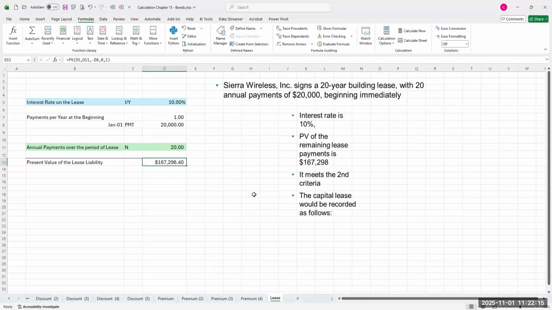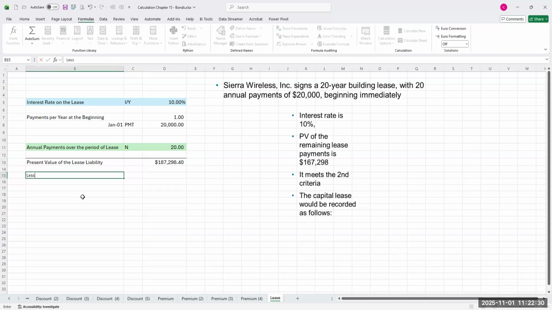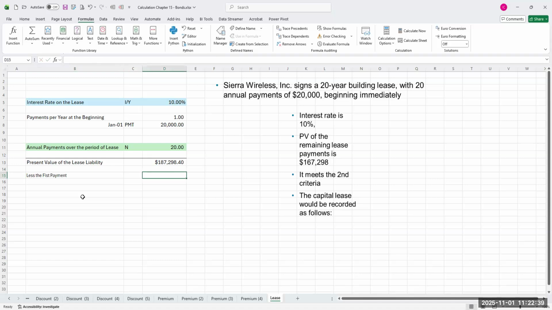And then click OK. And you're going to get the present value of the lease liability, which is $187,298. Now, we deduct the first payment, which is exactly 20,000, as we already know.